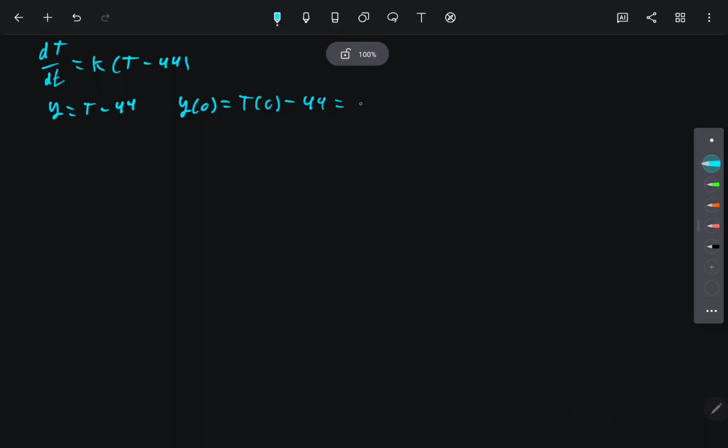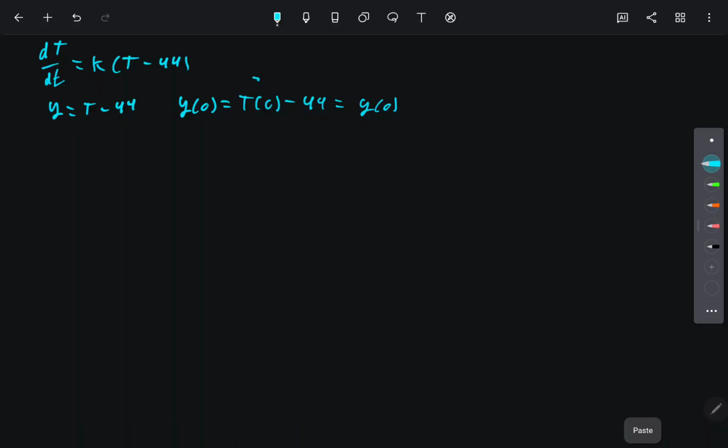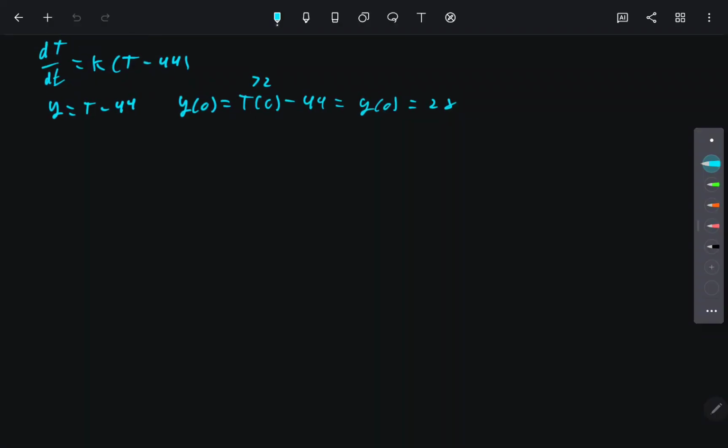Which we know T naught is 72. So y naught must be equal to 72 minus 44, which is 28. Then you can take the derivative of y, as we kind of did up there, but we don't need to do that all again. So we know the derivative of y with respect to t is equal to k times y, the constant proportion times y.